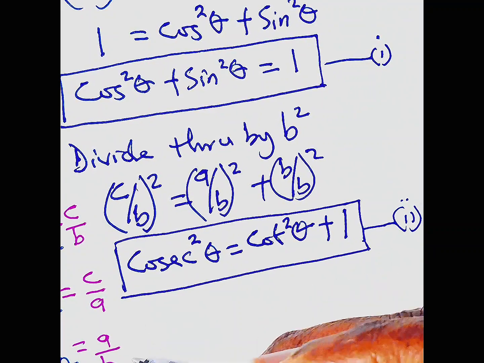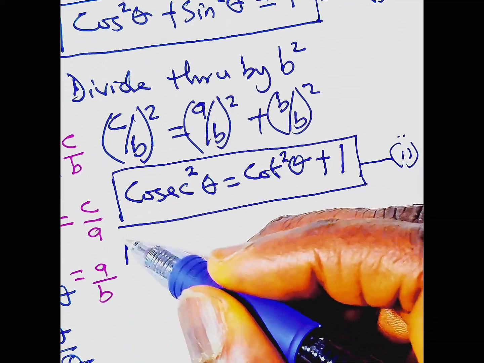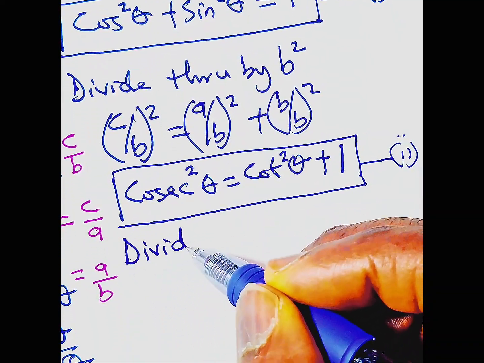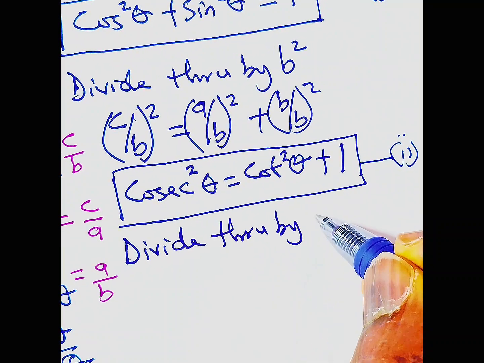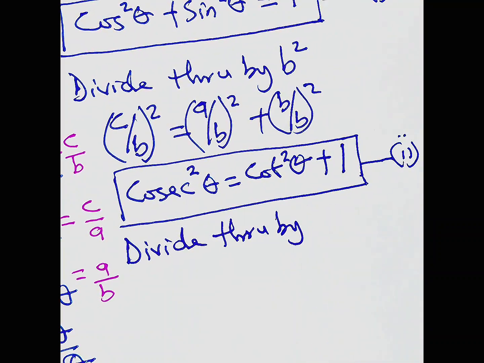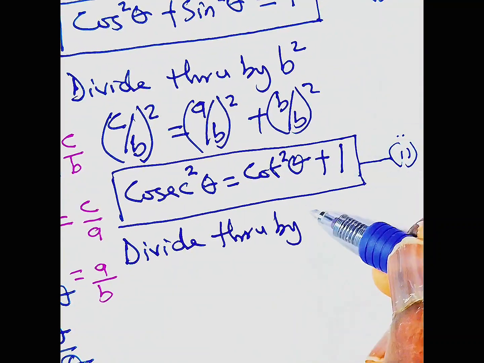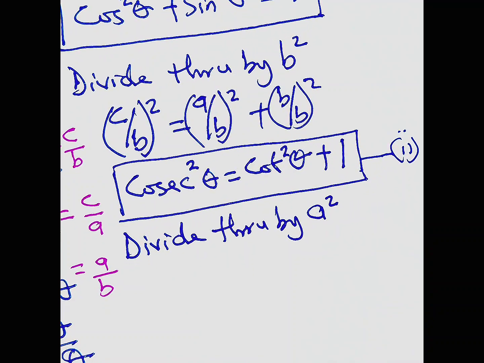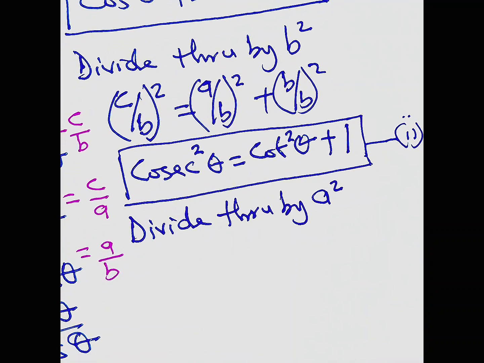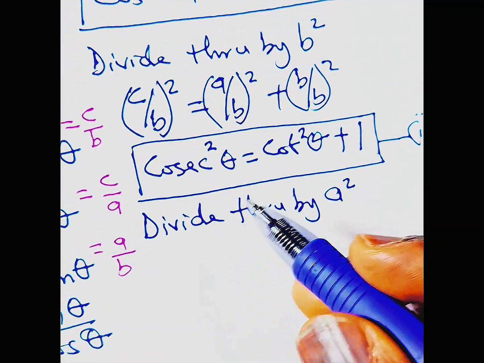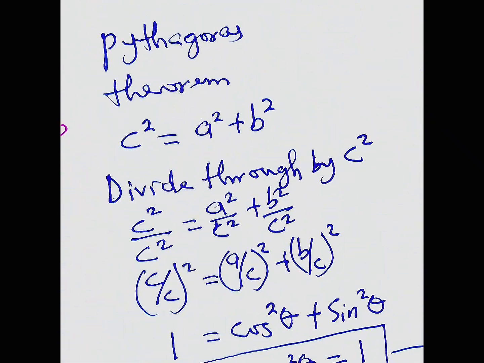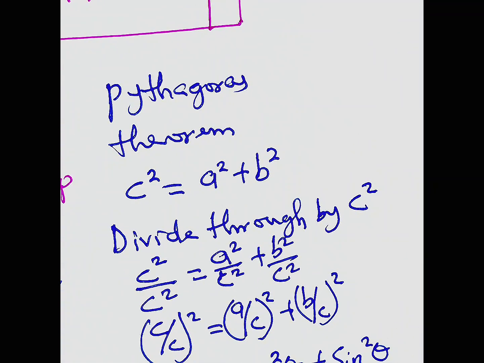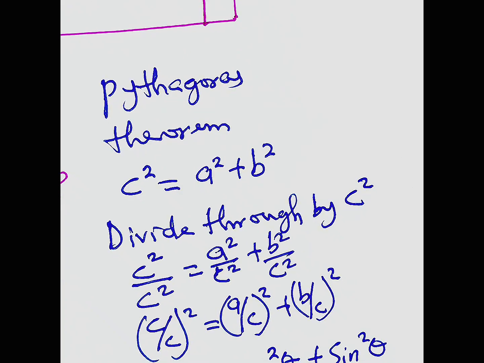So if we move further, we should divide through by a squared. We are done with c, we are done with b. If we divide through by a squared, from the Pythagoras theorem, we have c squared equals a squared plus b squared.